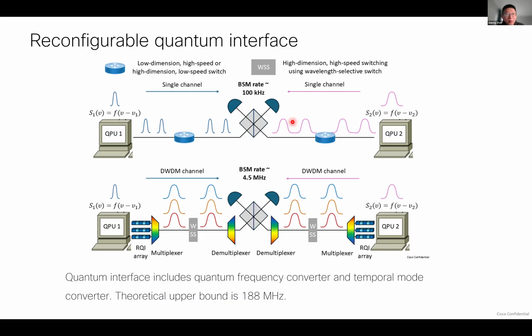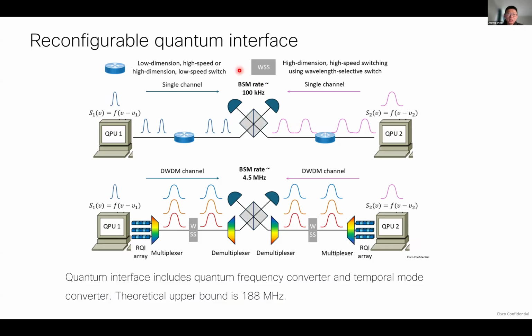But in the meantime, we are considering leveraging the mechanical switch to develop a reconfigurable quantum interface to also provide some degree of routing for the entire network, so that we can use the current mechanical switch to achieve high-speed switching.